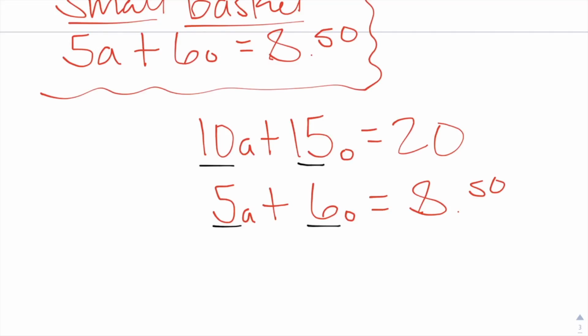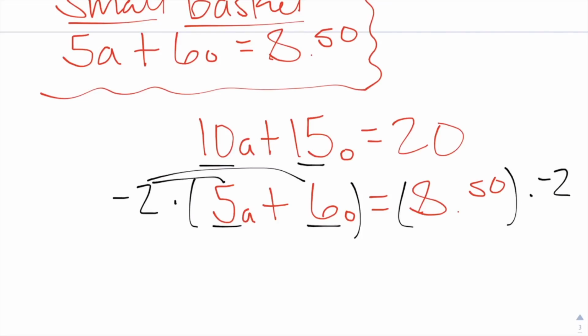So I'm going to go ahead and multiply the bottom equation by -2. And the reason I chose -2, you'll see right now. We're going to distribute and multiply.